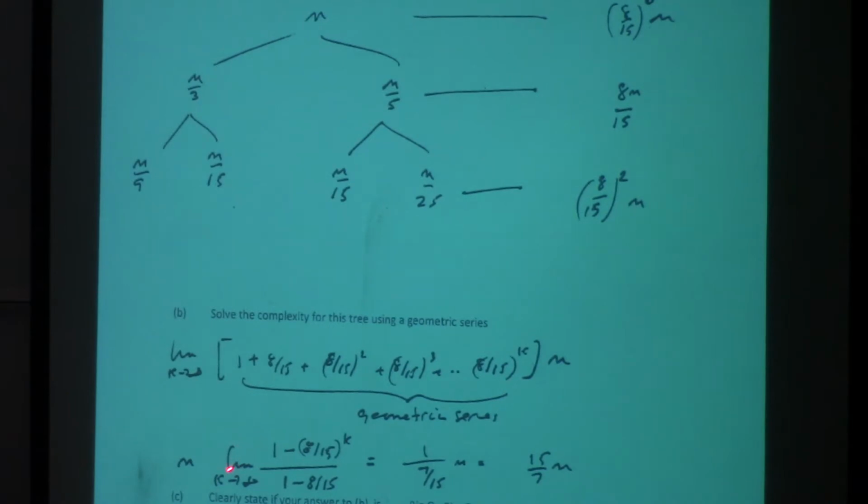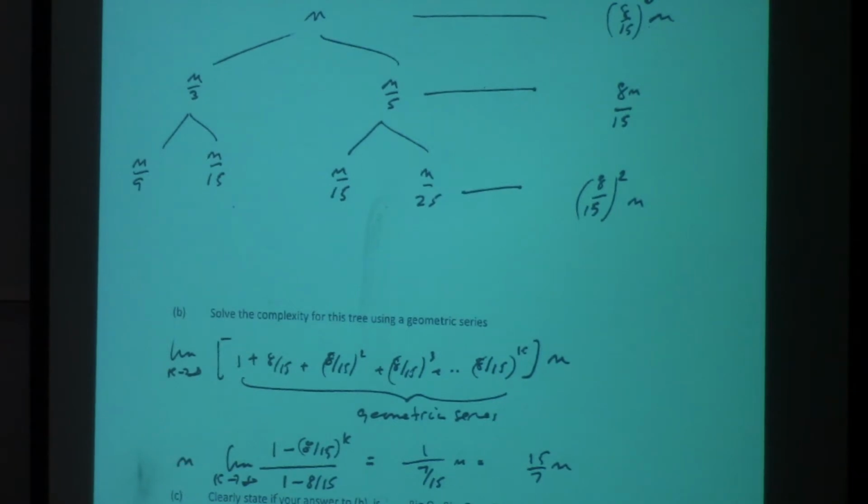You can see that if I take the limit as k goes to infinity of the geometric series, which is a minus a times r to the number of terms, over 1 minus r, as k goes to infinity, this r is less than 1, so this just goes to 0. The only thing remaining is 1 over 1 minus 8/15. Well, 1 minus 8/15 is 7/15. 1 over 7/15 is 15/7.